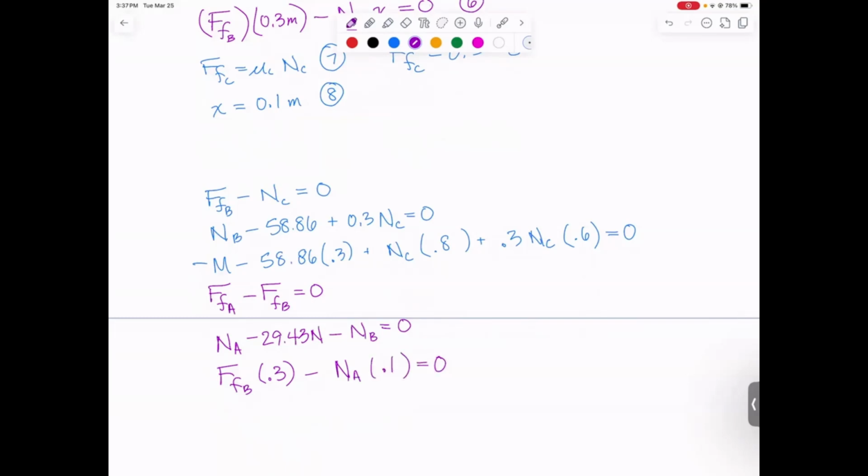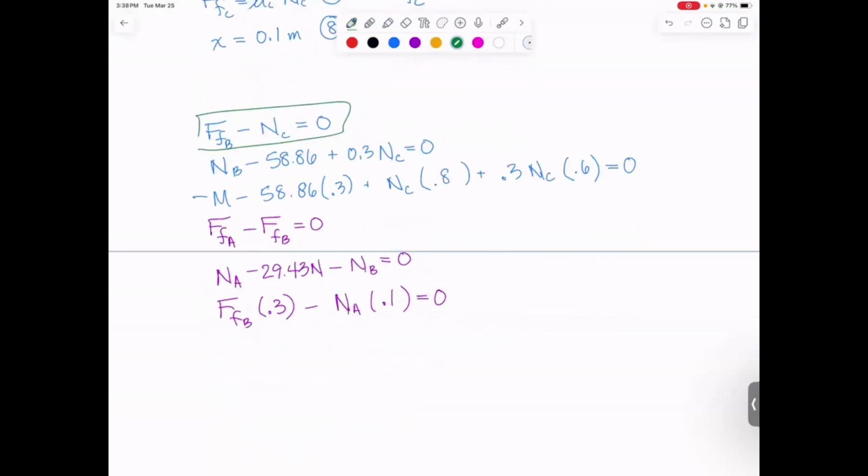So let's see if we can do some further simplifications. I think what I want to do is take this one and let's eliminate all of the NCs, right? This equation tells me that the friction force at B is equal to NC. So I'll plug that in and that will have eliminated NC from all of my equations. Let me write those 2 down. I'll end up with NB minus 58.86 plus 0.3 and then NC, that's the same as the force of friction at B equals 0.